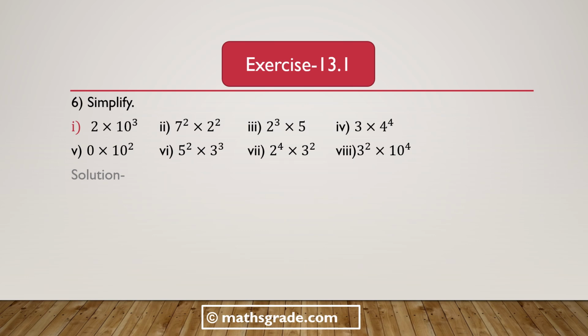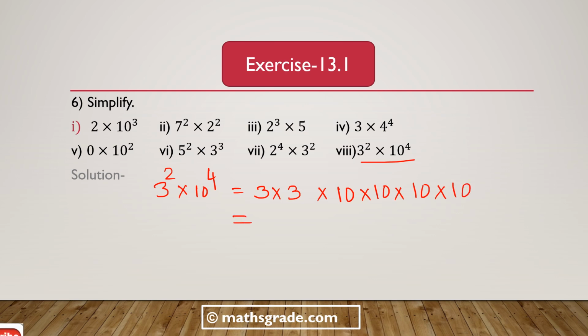Now we solve question number 8 bit 3 square multiplied with 10 to the power 4. 3 square is 3 multiplied 2 times, and 10 to the power 4 is 10 multiplied 4 times. 3 multiplied by 3 is 9, and 10 multiplied 4 times is 10,000.